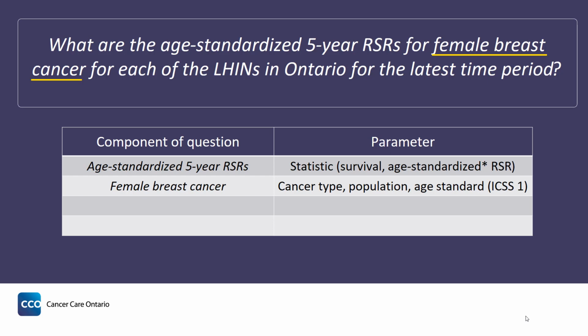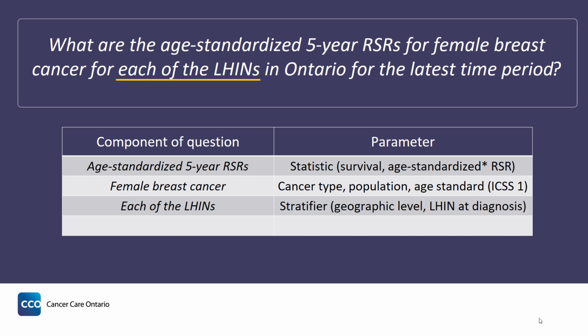As the question asks for the statistics for each of the LHINs, this indicates that we will need to stratify our analysis by geographic level, specifically by LHIN of residence at the time of diagnosis. And finally, here again, we are interested in the 5-year relative survival ratios for the latest time period, which indicates that the approach will be period survival.